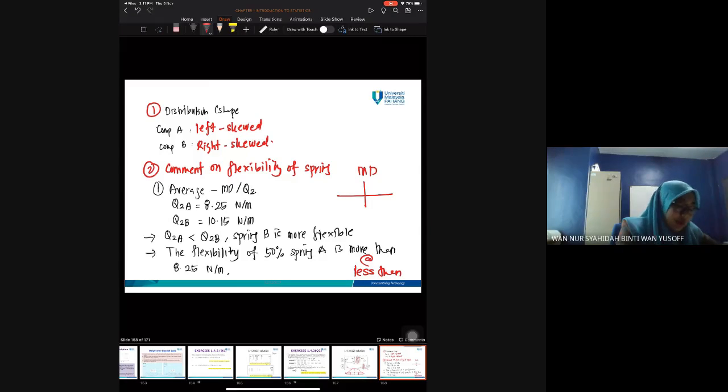So the lower half here is 50% of your data, and the upper half here is the other 50% of your data. So it is correct to write more than or less than, because the median here is 8.25. So 50% is more than this value and also 50% is less than this value. So it's up to you. You can write more than or you can write less than.